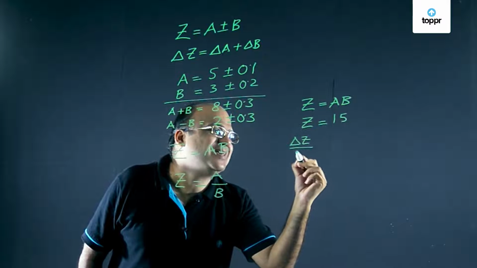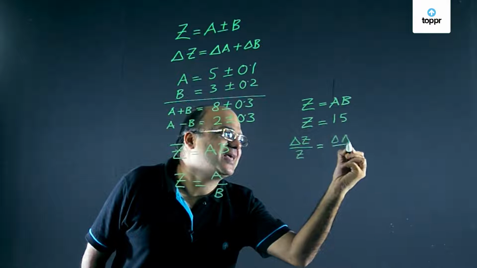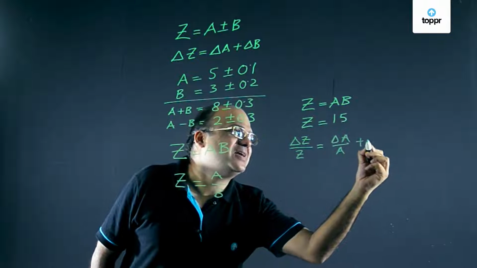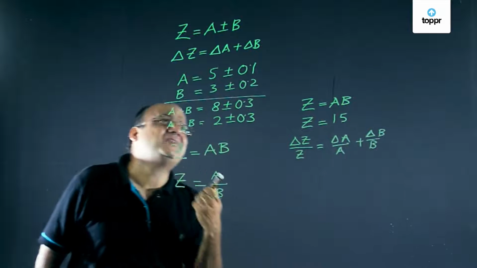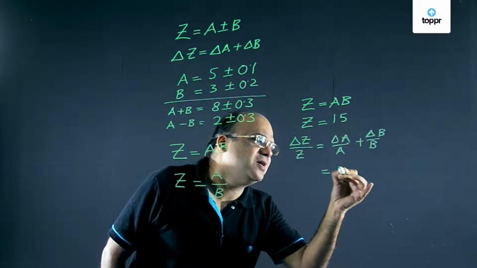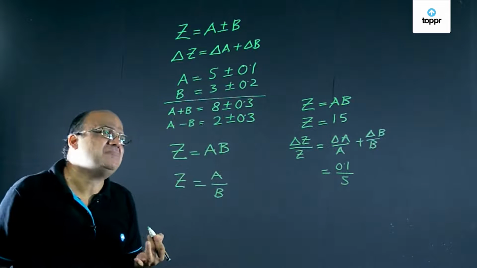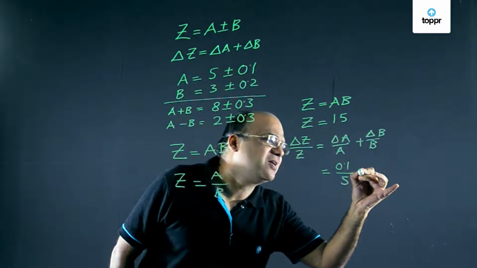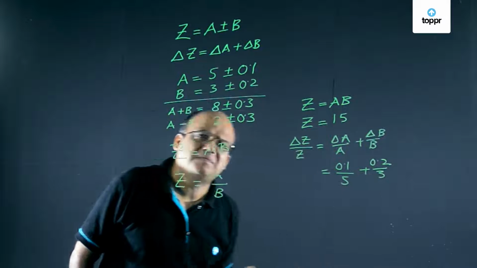So delta Z by Z will be delta A by A plus delta B by B. So what is delta A? Error in A. So we get 0.1 divided by 5. And what is error in B? Fractional error is 0.2 divided by 3.